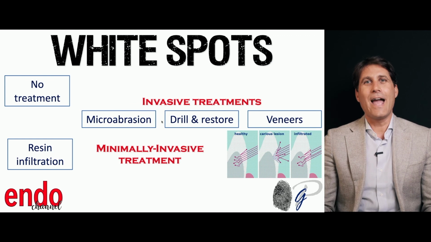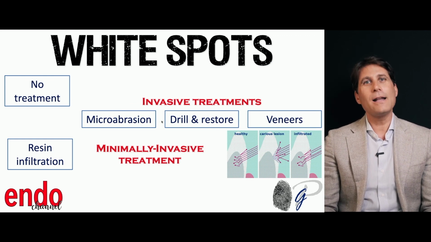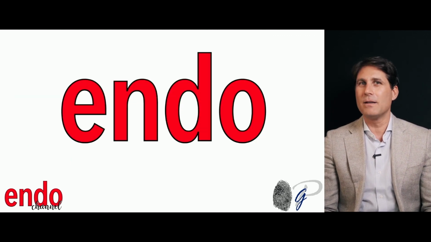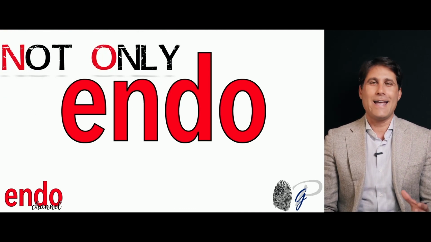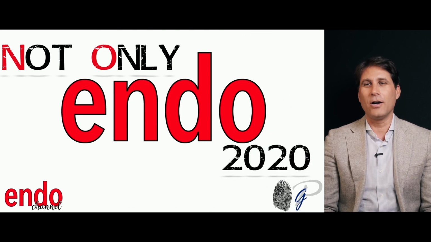And we will see how to deal with interproximal incipient carious lesions and the aesthetic treatment of white spots in this part of the Not Only Endo series of lessons on Endo Channel by Gianluca Plotino.